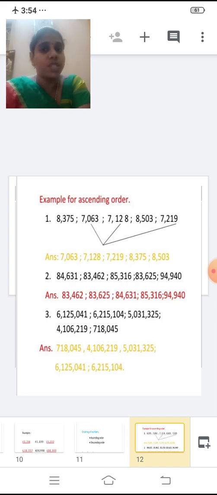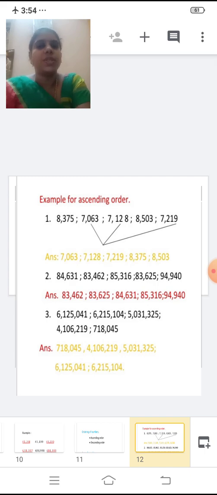Now tell me, 4 is smaller or 6 is smaller? 4, right? So 83,462 is the smallest number. Then 83,625. Then 84,631. Then 85,316.